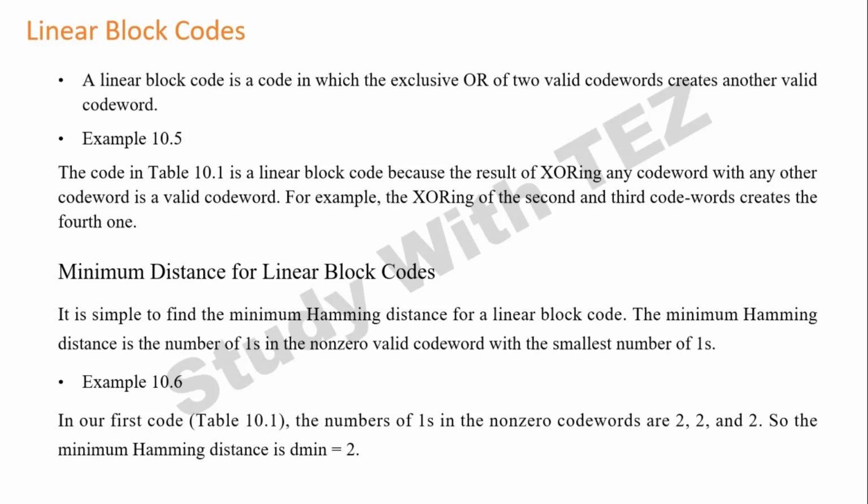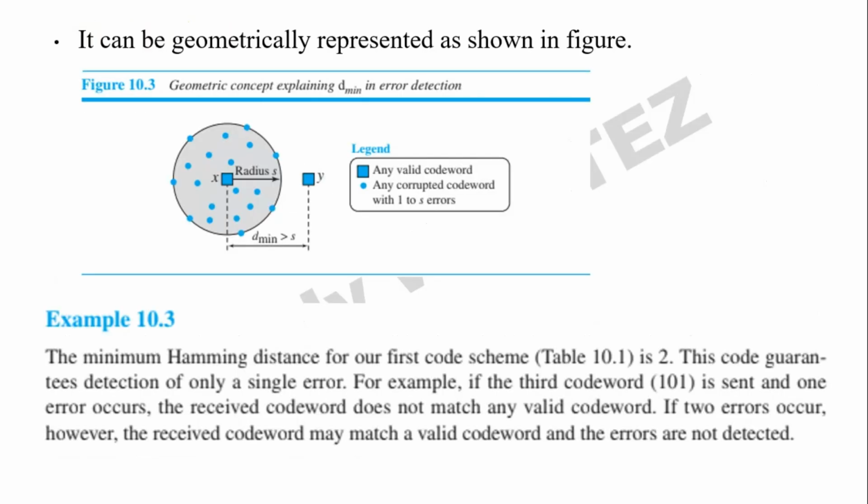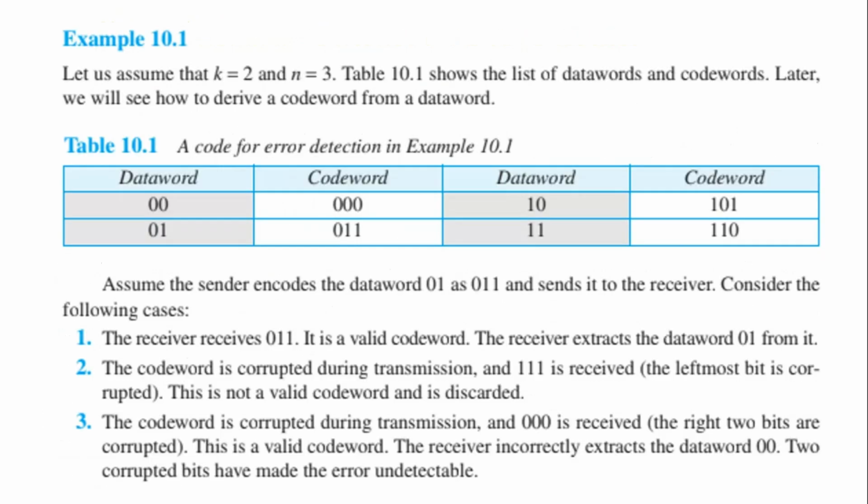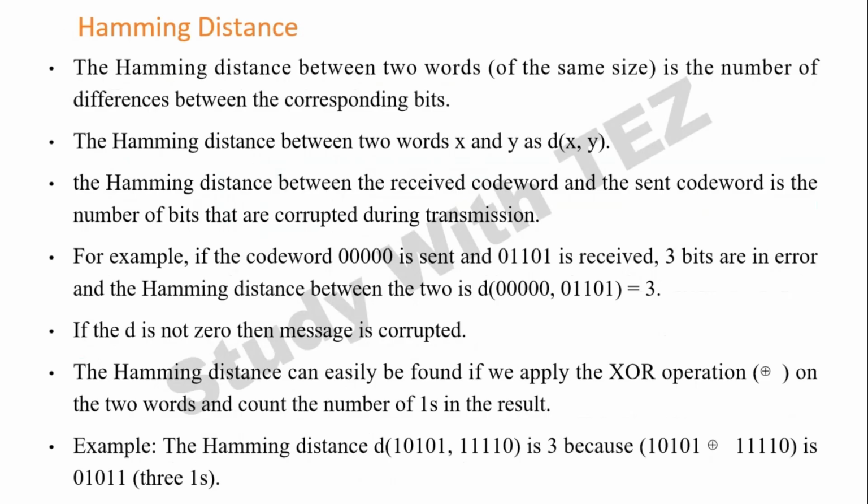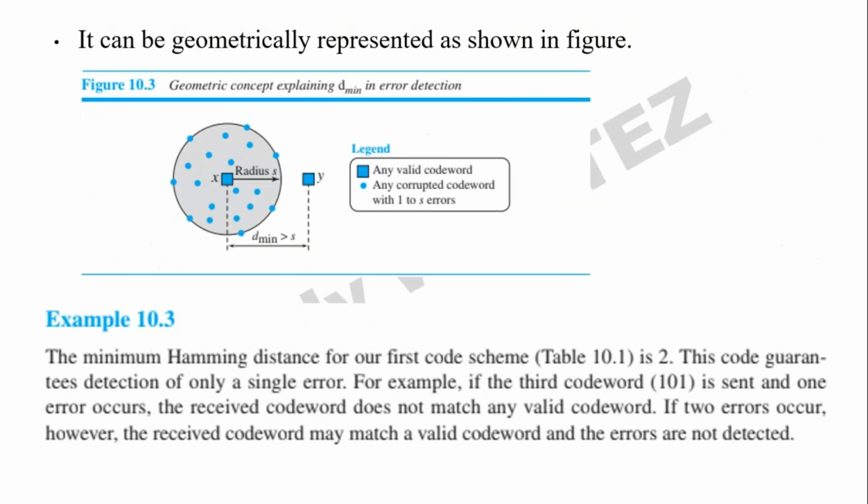For example, in our first code, in the previous table I showed, the number of ones in the non-zero code words are 2, 2, 2. So the minimum Hamming distance is 2. As I said earlier, if you XOR any two of these code words, the minimum distance will be 2 only. That is what they are trying to tell here.